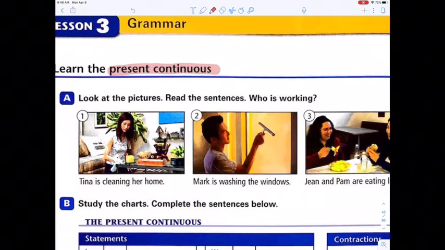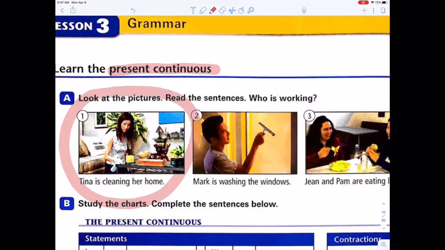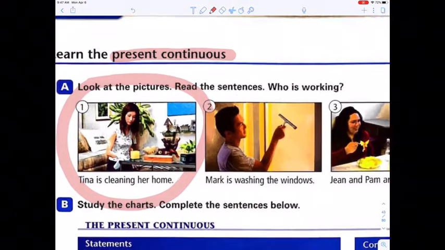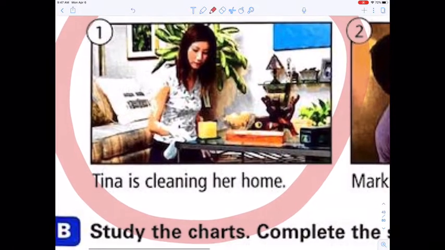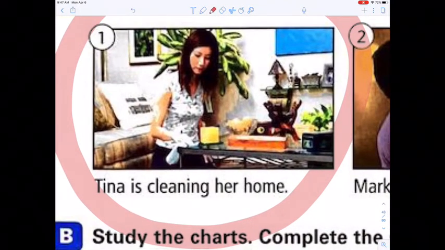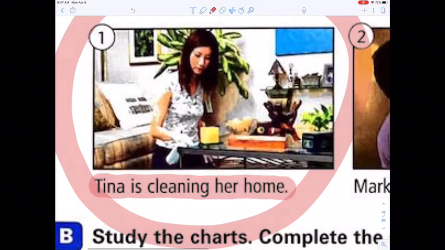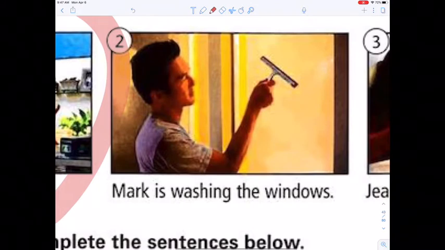Let's take a look at number 1 here. What is this woman doing? Tina is cleaning her home. What about number 2?